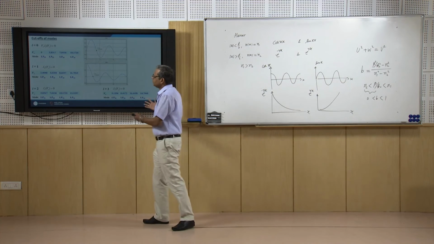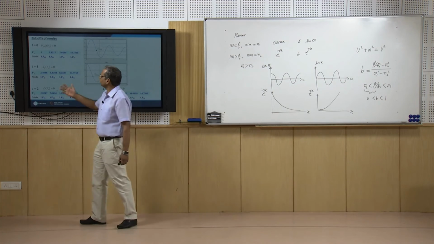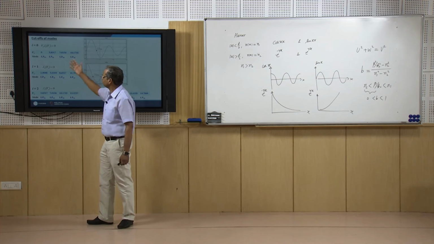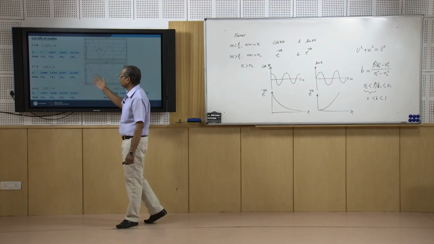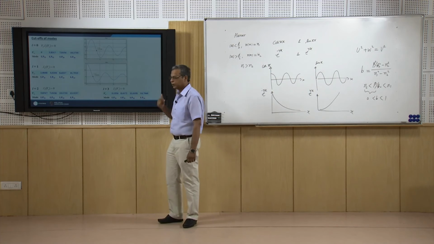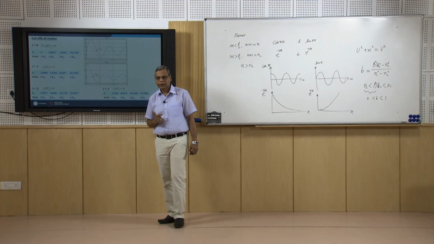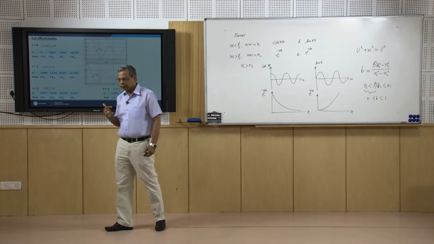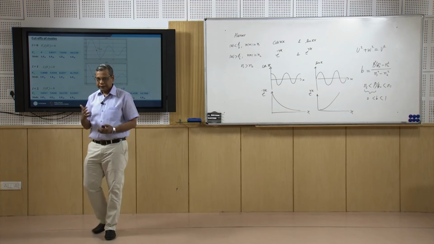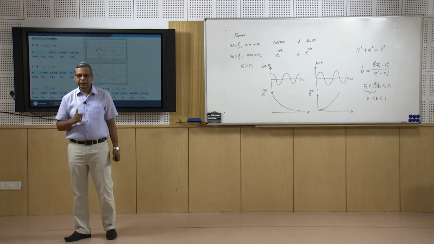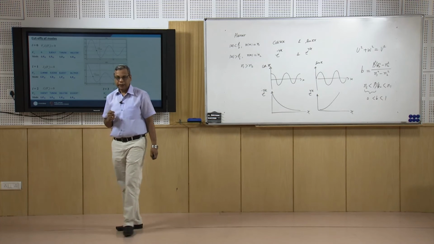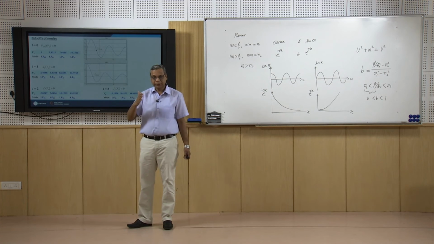How to arrange these modes? I have so many modes: 01, 02, 03, 11, 12, 13, 21, 22, 23, 31, 32, 33 and so on. In what order are their propagation constants arranged, increasing or decreasing? In case of planar waveguide, it was very simple.